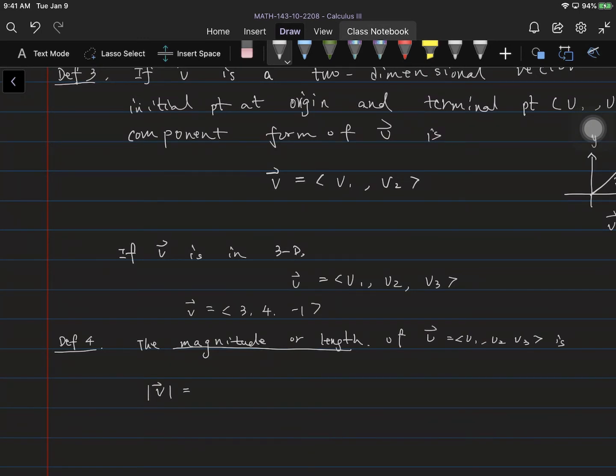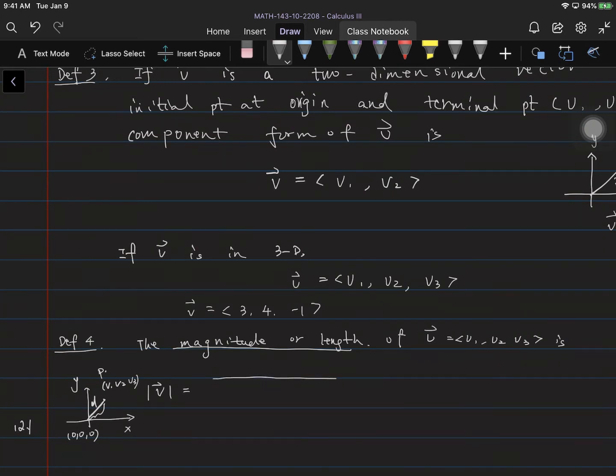So actually, what's the length? If you look at the point here, V1, V2, V3 is the coordinate of this point, right? We know how to calculate the length between two points. In 12.1, we learned how to find the distance. So here is the distance from the origin to V1, V2, V3, and this is also the length of the vector.